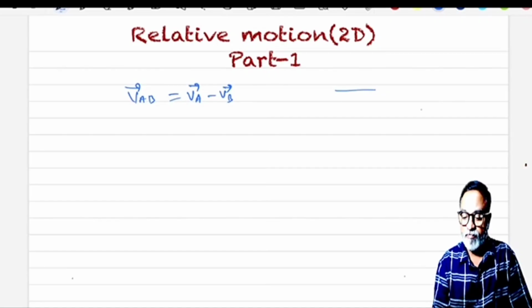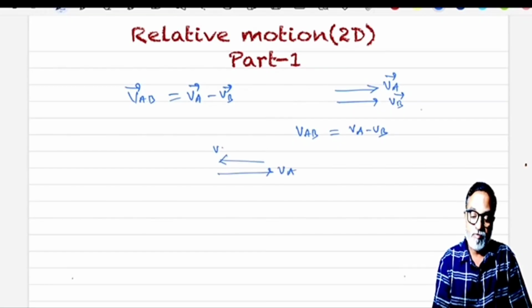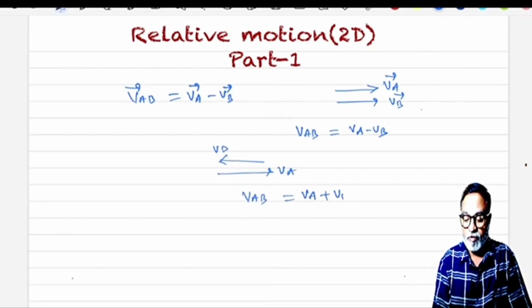If they are moving in the same direction, this is VA bar and this is VB bar. Therefore, velocity of A with respect to B is VA minus VB. If they are moving in opposite direction, one is VA, another one is VB, then velocity of A with respect to B is equal to VA plus VB.